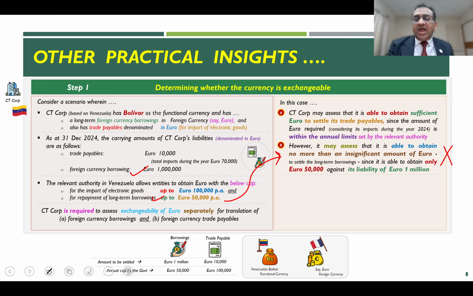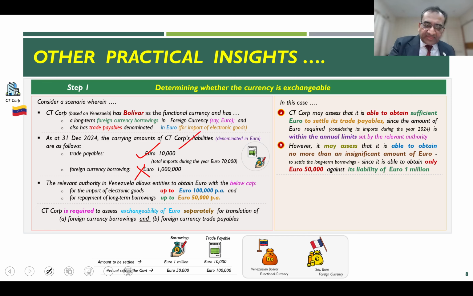So therefore, Citicorp will assess that it is able to obtain no more than an insignificant amount of euro, because it is able to obtain only 50,000 euro against its liability of euro 1 million. That means for the second purpose, the exchangeability does not exist, but for this purpose, exchangeability does exist.